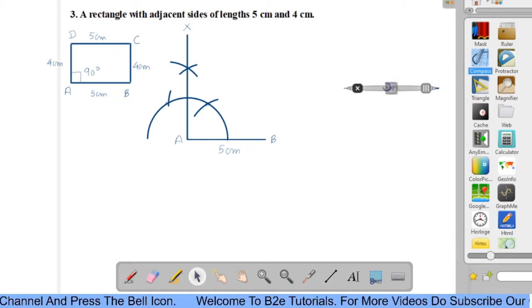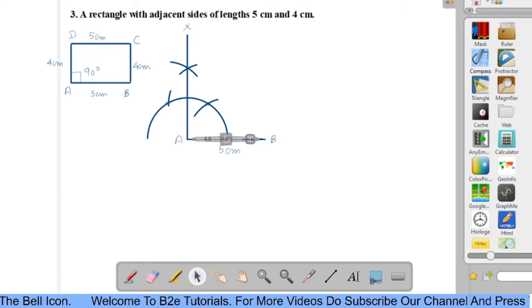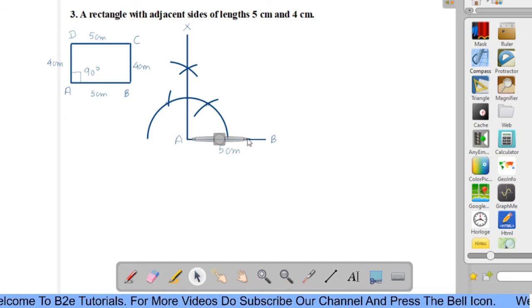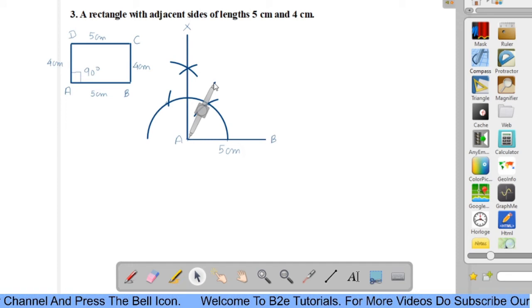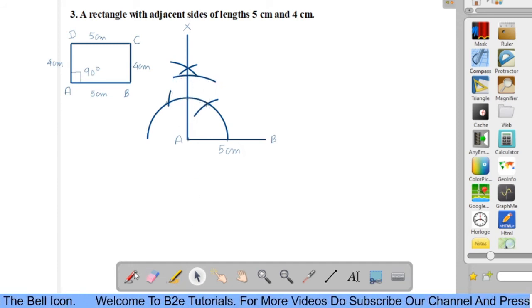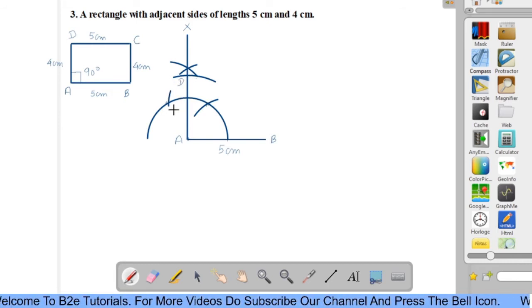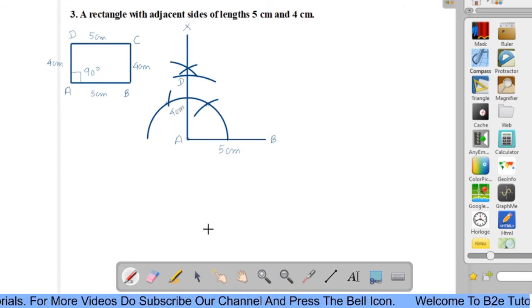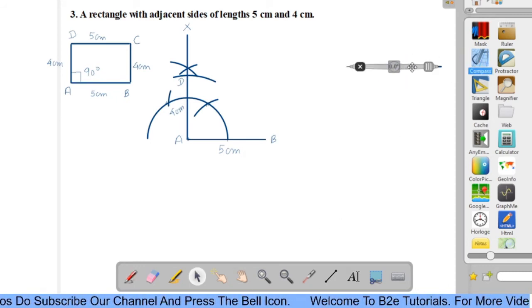Now with center A and radius 4 centimeter, cut an arc intersecting ray AX at D. Now with center D and radius 5 centimeter, cut an arc.